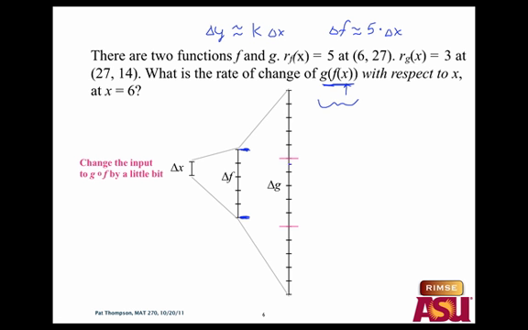Well, there's 15, and that comes from that delta f was 5 delta x, and delta g was 3 delta f. So therefore, the overall change of the whole function will be 15, or 5 times 3 of delta x.